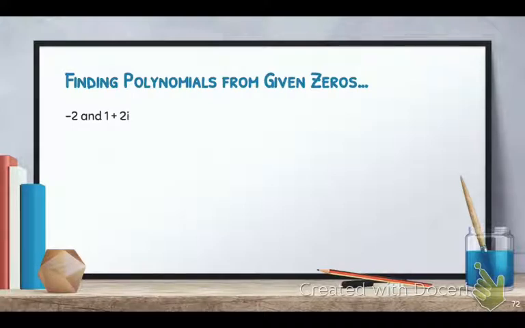Let's write out our binomials. So f of x is going to equal (x plus 2)(x minus (1 plus 2i))(x minus (1 minus 2i)).